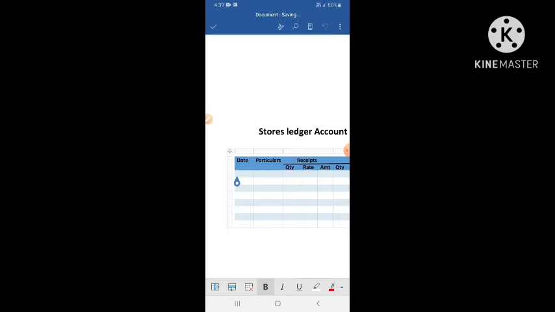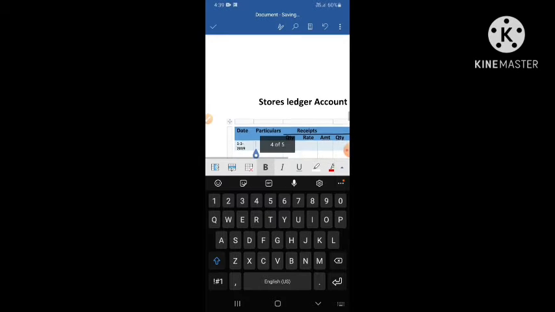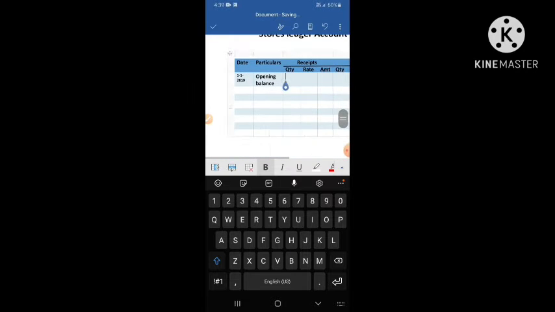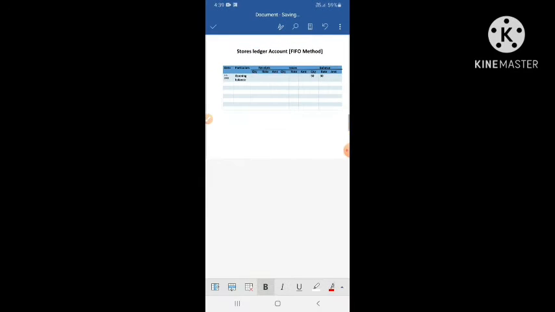So we can write on 1st Jan, 1/1/2019, opening balance. We should show the opening balance directly in the balance column, not in the receipt and issue column. So in balance column, quantity 50, at 30 per unit, equal to 1500.